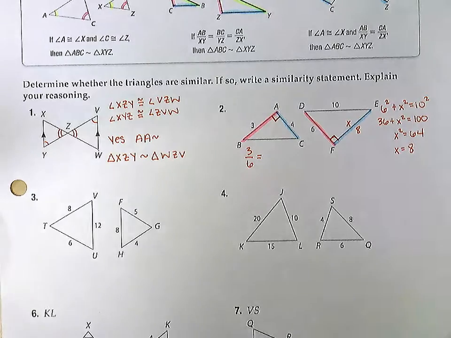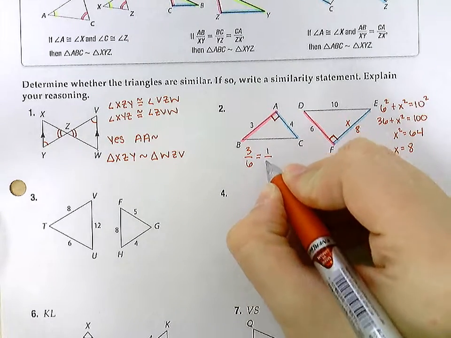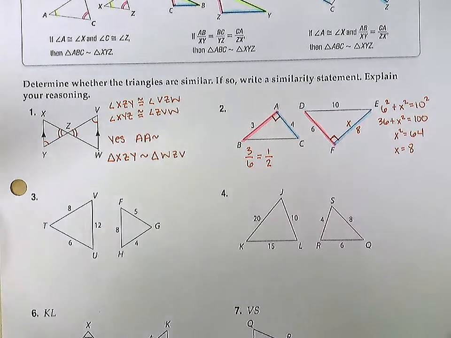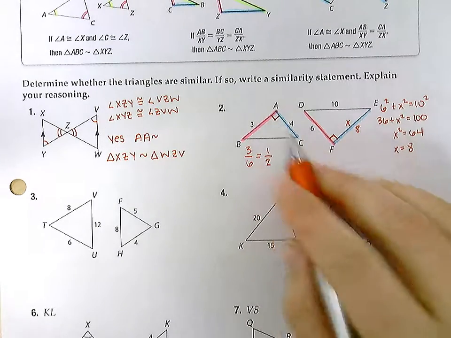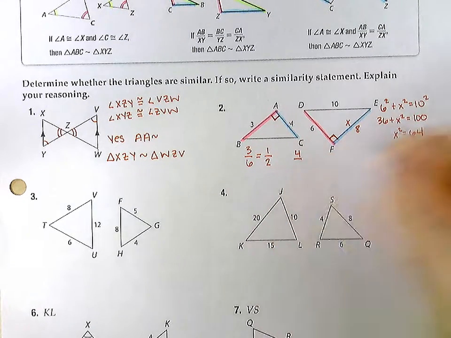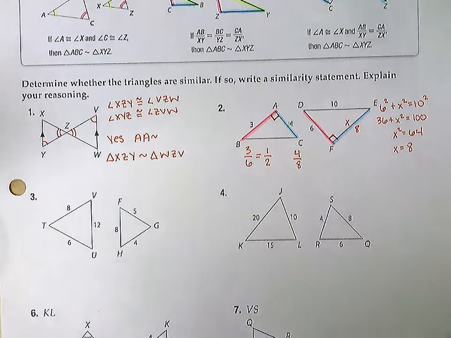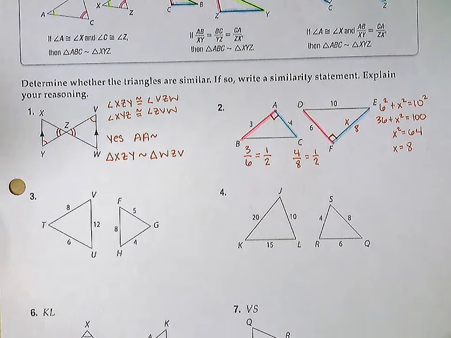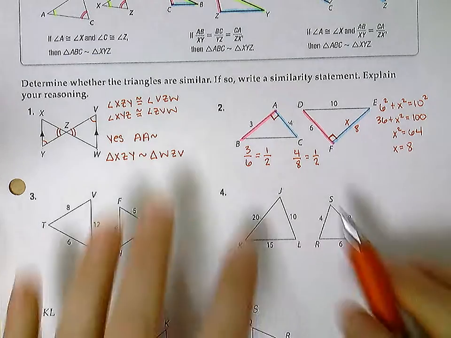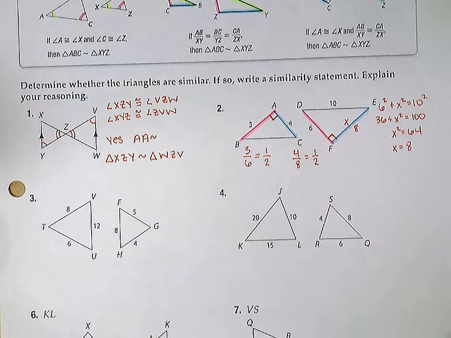Reduce that ratio to 1/2. I want to do the same thing to my other corresponding sides. So AC is 4 over FE is 8. So there's another ratio of sides. And again, that's 1/2. So you want to make sure that those ratios of corresponding sides are the same. They're both 1/2. So yes, these two triangles would be similar.